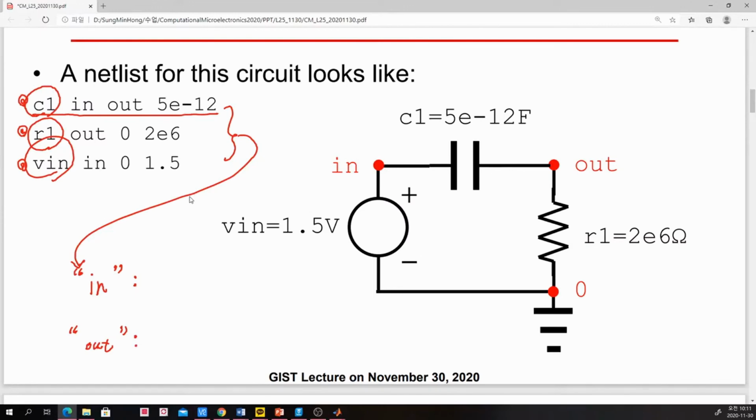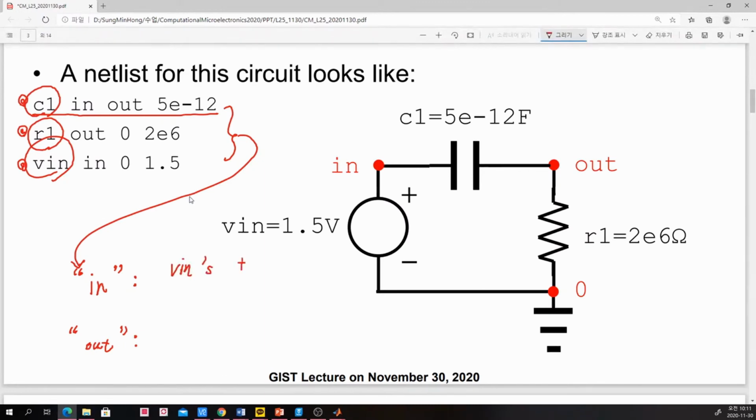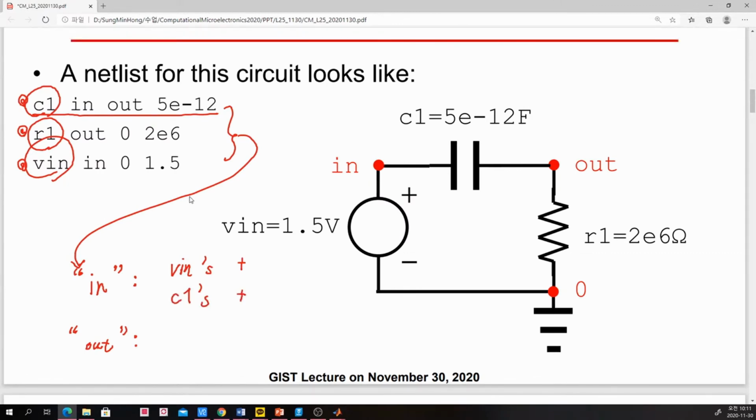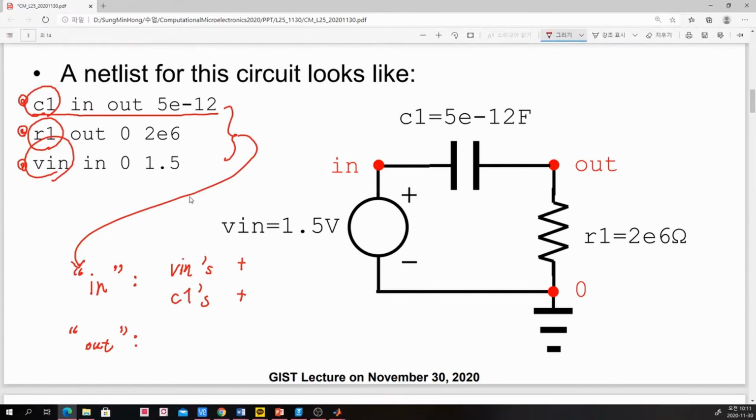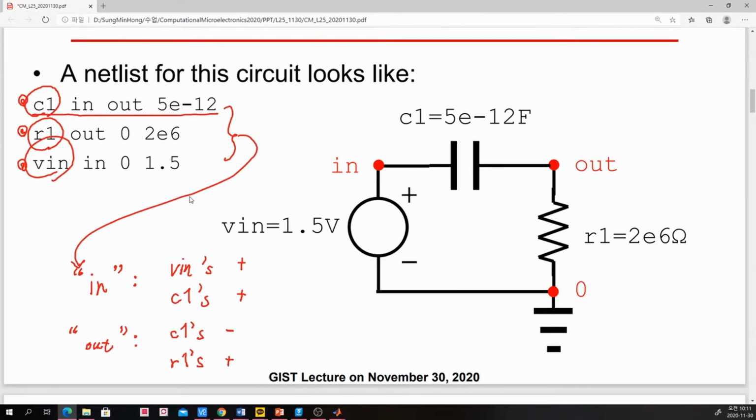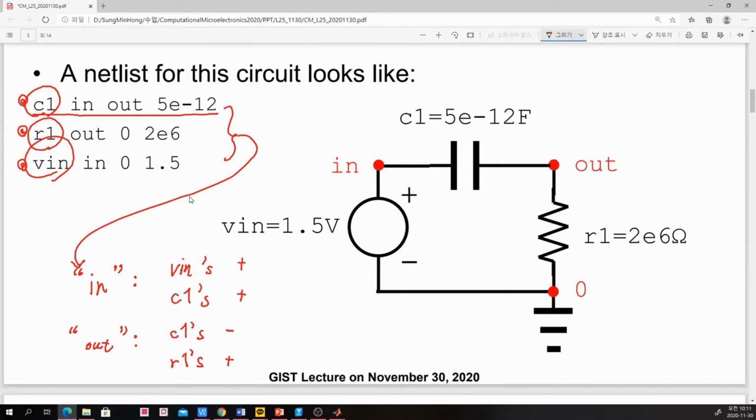The in node should understand actually that V in's positive terminal is connected to it, and also it should understand, we can say, C1's positive terminal is connected to in. Also the out node, in the case of the out node, C1's negative terminal and R1's positive terminal. We have to have information about this connectivity.